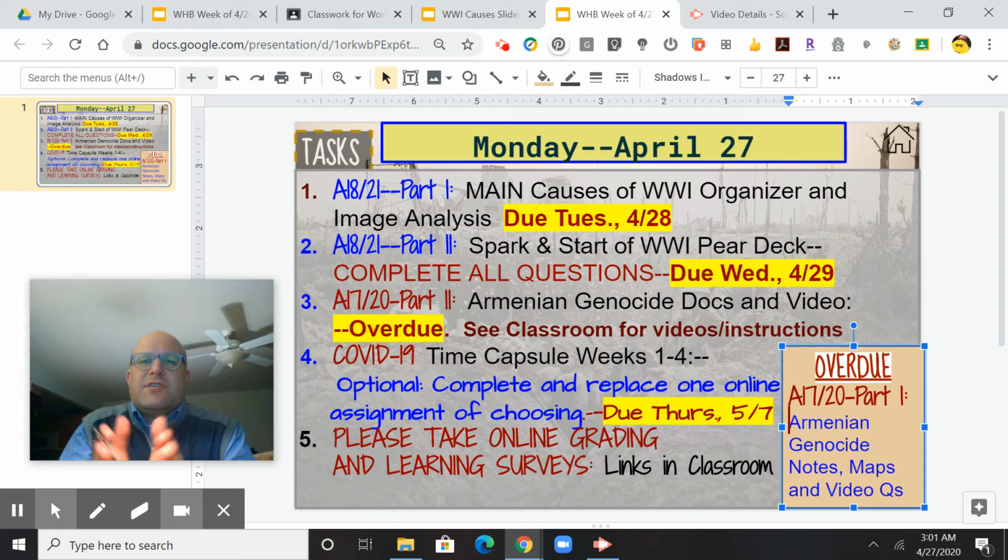Online grading and learning surveys. I still would like some acknowledgement of what's going on with the pass-fails and explanation. If you have questions, I've answered a couple of them. Happy to answer them. With the online grading and learning surveys, you have an acknowledgement for what's going on as far as doing 80% of the online work.